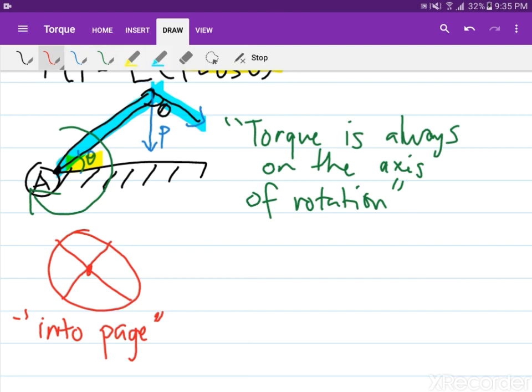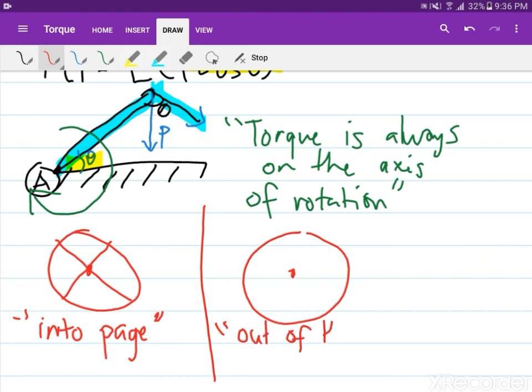So try to curl your fingers and you would know that your thumb will point towards the page. If the object were to rotate in the opposite direction, say counterclockwise, our torque would be out of the page. Now this is like an arrow that is pointing towards you or out of the page.